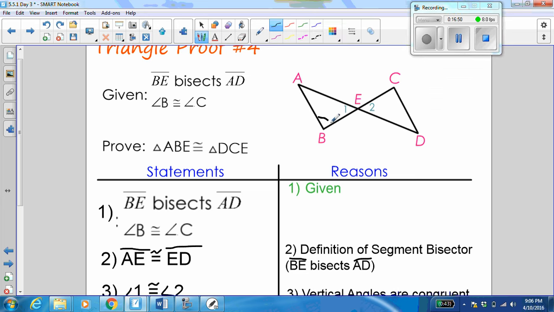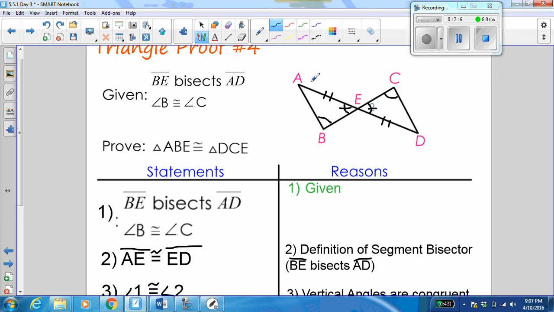So we're given that angle B is congruent to angle C, and the fact that line segment BE bisects line segment AD allows us to say what we said in step 2, that line segment AE is congruent to line segment ED. And then our vertical angles theorem said that angle 1 was congruent to angle 2. So the reason why this one's angle, angle, side is the order.